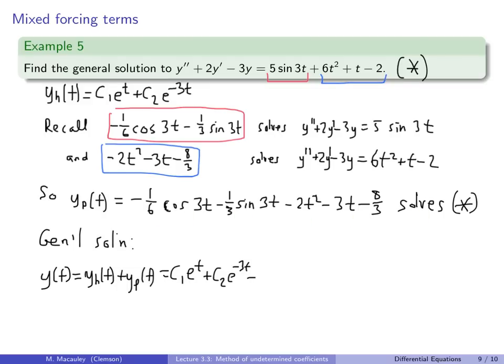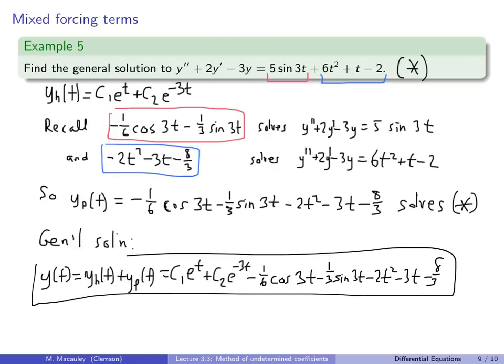So that's minus 1/6 cosine of 3t, minus 1/3 sine 3t minus 2t squared minus 3t minus 8/3. It's funny how this pen sometimes works brilliantly, and other times I can't even make a single mark. Okay, so that is that.